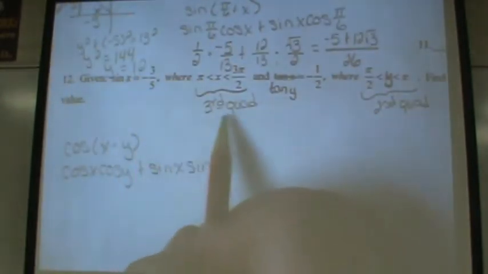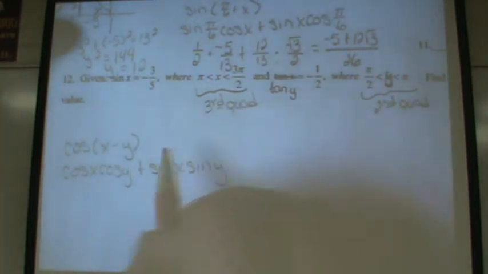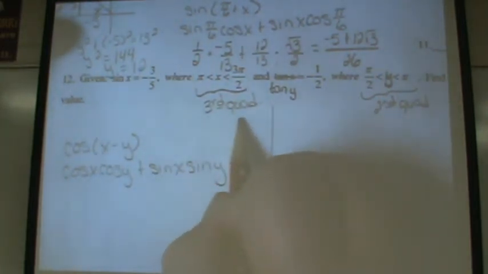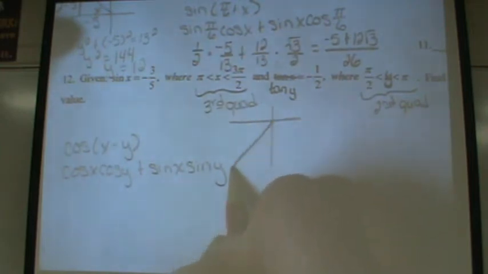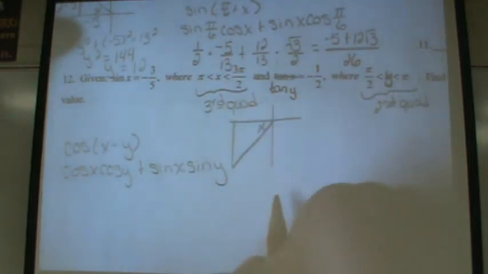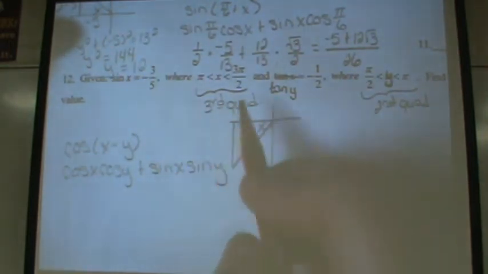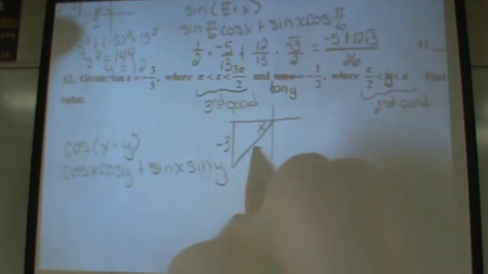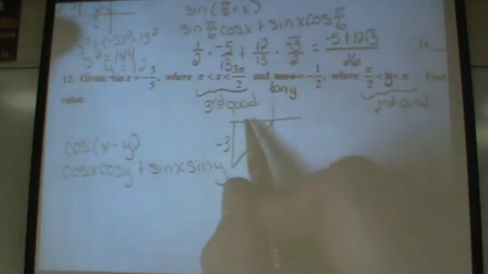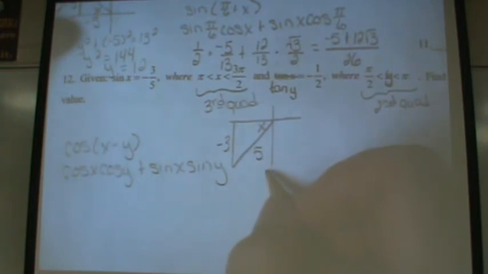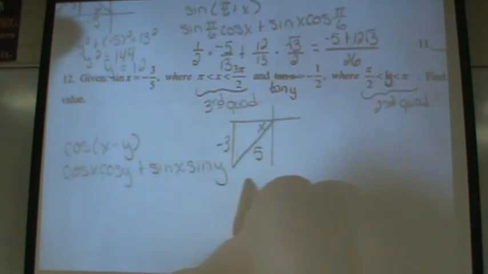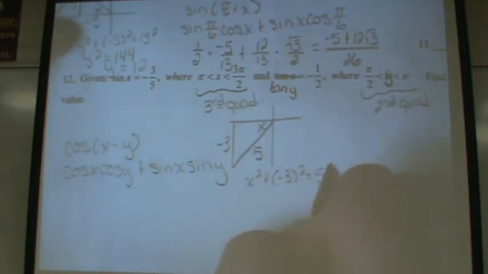So for our angle x, we know that it's in the third quadrant. So we're going to draw an angle in the third quadrant. That's our x. We know that the sine is -3/5, so our opposite side over our hypotenuse. Now we need to find that other side, so we're going to use the Pythagorean theorem. x squared plus (-3) squared equals 5 squared.